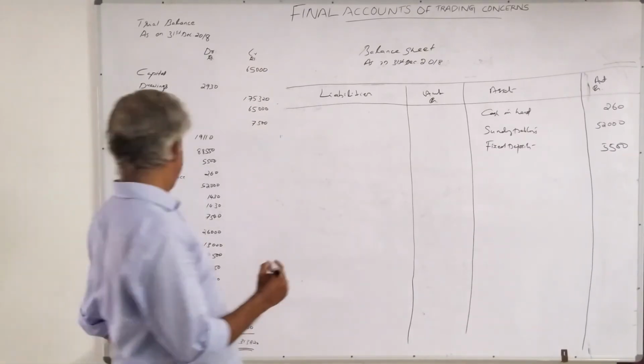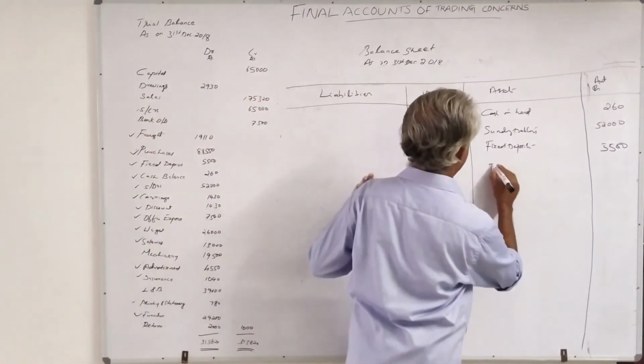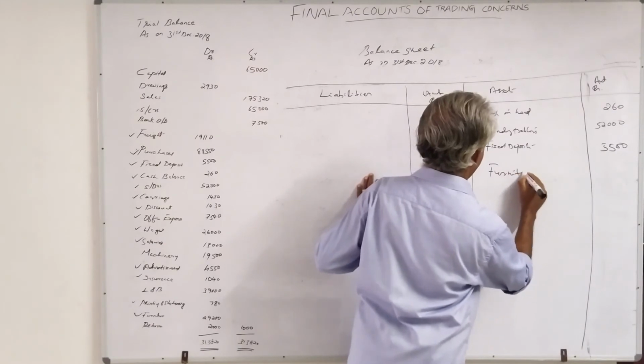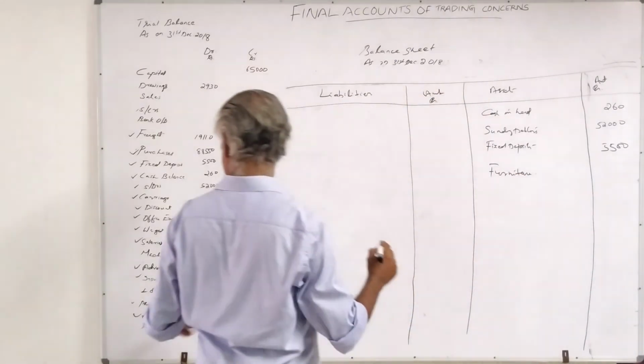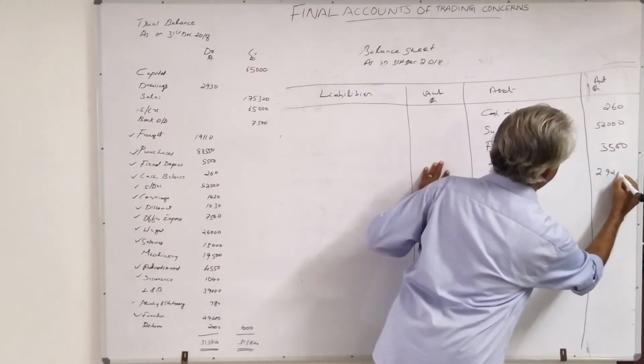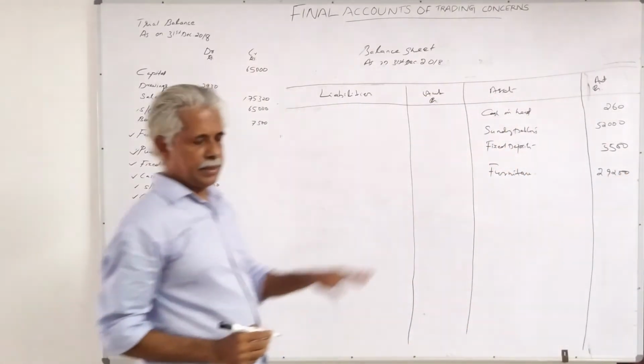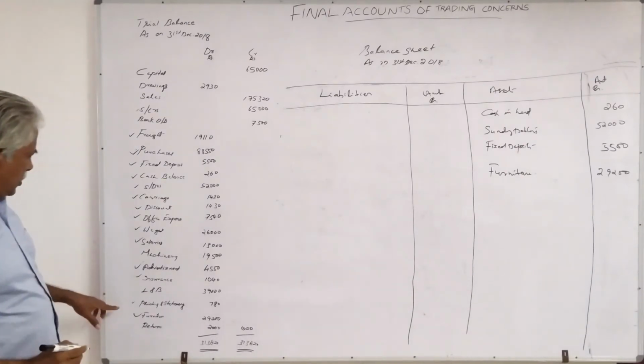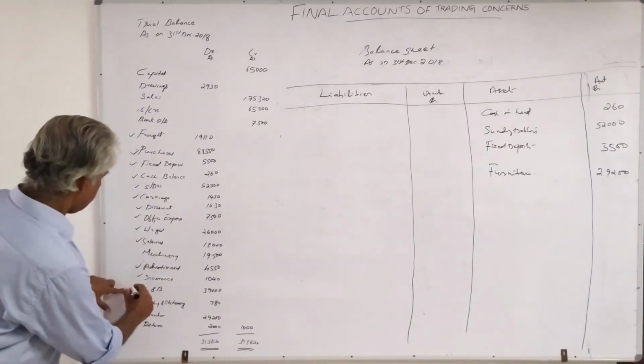Fixed asset, furniture, 29,200. Next fixed asset is land and buildings.